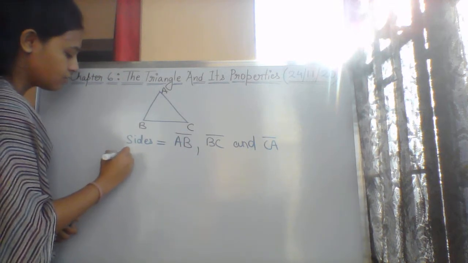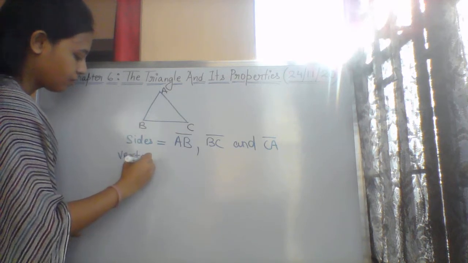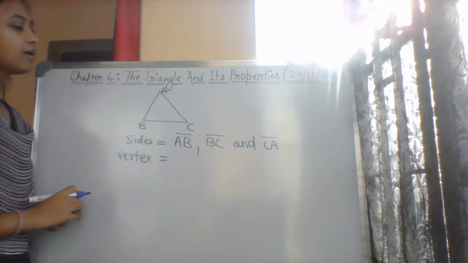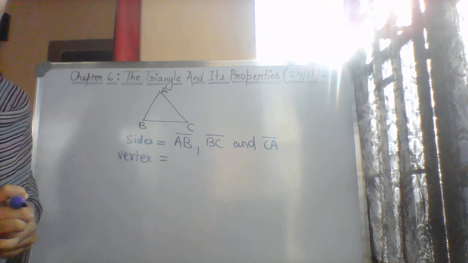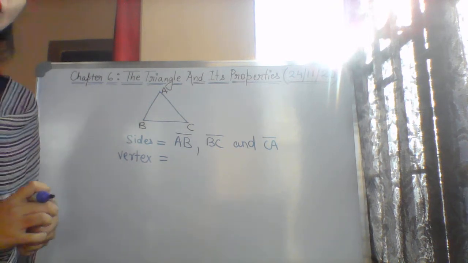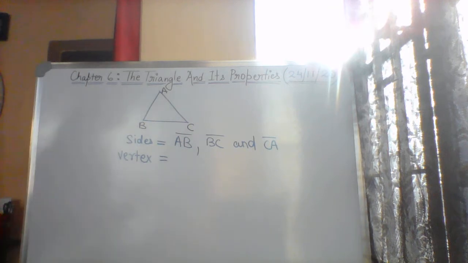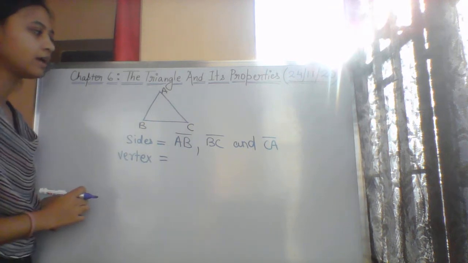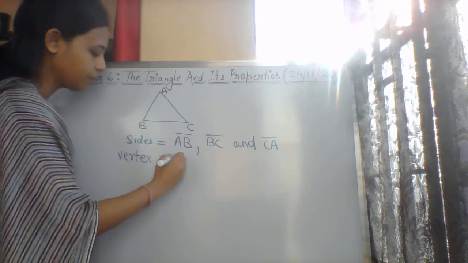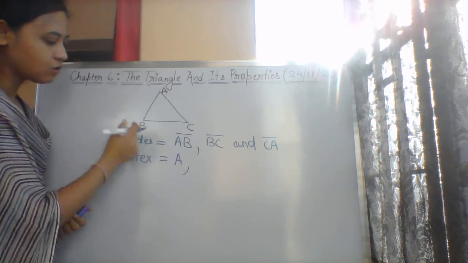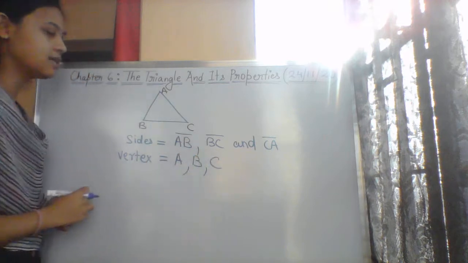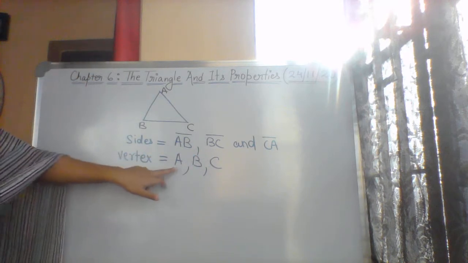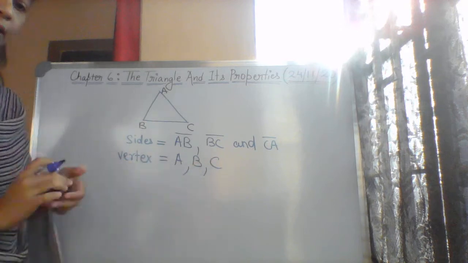Now next, can you name the vertices present over here? Vertices are the corners of any closed figure. So what are the corners you are getting here? One corner A, next corner B, this is corner C. So they are vertex A, vertex B, vertex C.